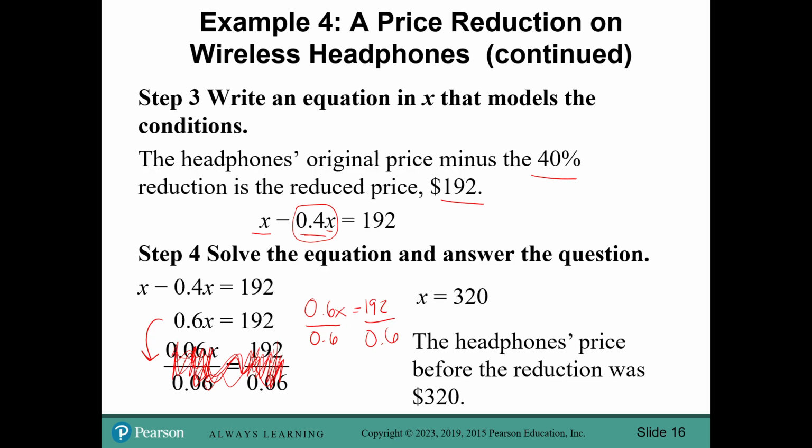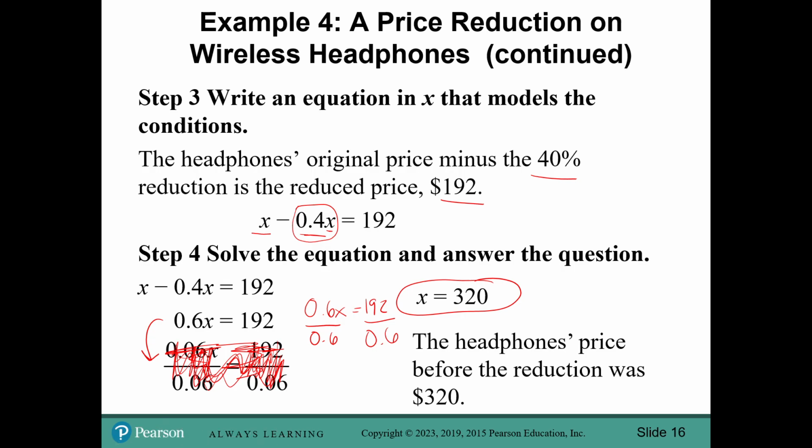Check it on your calculator while we're at it. Yes, I still get the correct answer, 320. So ignore this last step here. It was incorrect. That was supposed to be 0.6, not 0.06. My bad. So I'm doing 192 divided by 0.6, and that indeed does give me X equals 320.